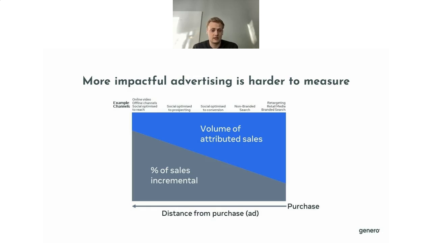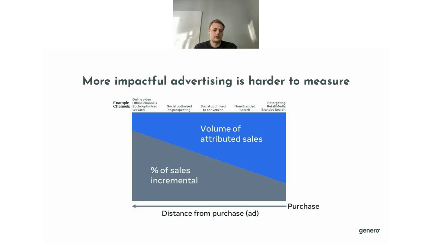What this looks like in principle is that often it's easier to measure the things that have less impact. So measuring things that happen just before the actual purchase or the actual conversion to a lead or whatever are much easier, but those touch points, those interactions are usually not as impactful on the actual conversion.